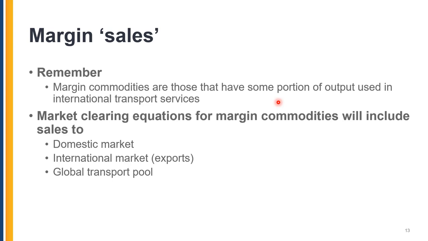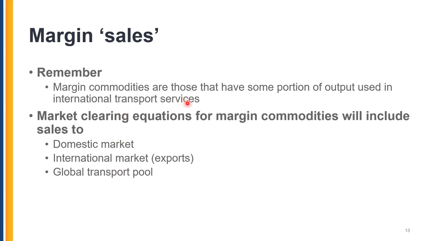But some part of that is going to be sold into international transport too. So every economy has some amount of sales that go into that, and that is the part that we'll leave out there. So when we're looking at a margin commodities market clearing equation, we've already seen with our example that we use for the percentage change, sales to the domestic market, sales to the international market, and some sales to that global transport pool.